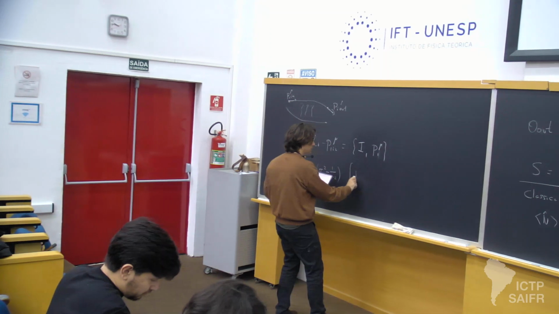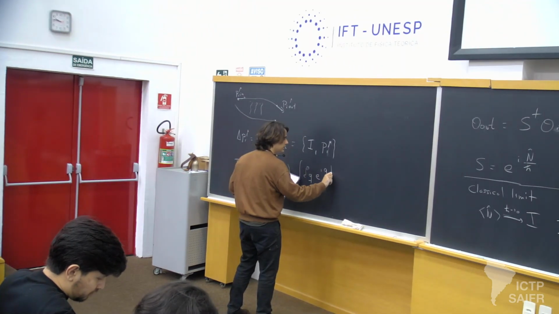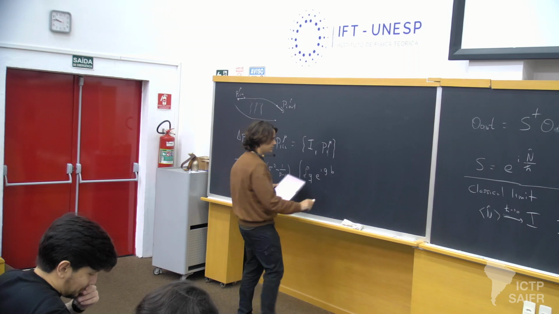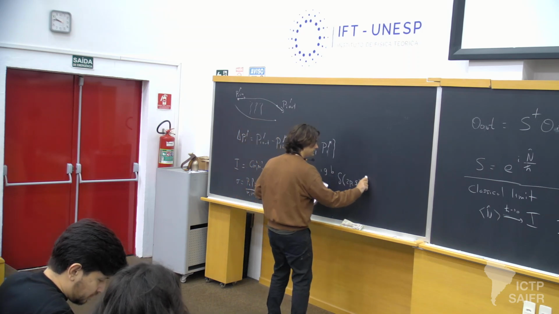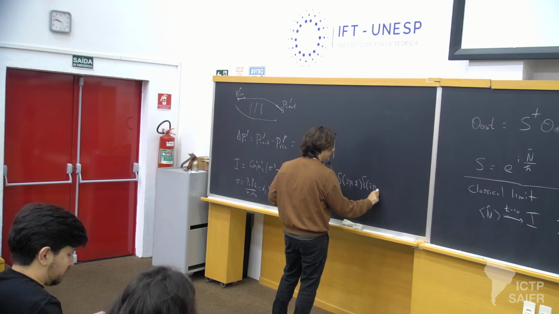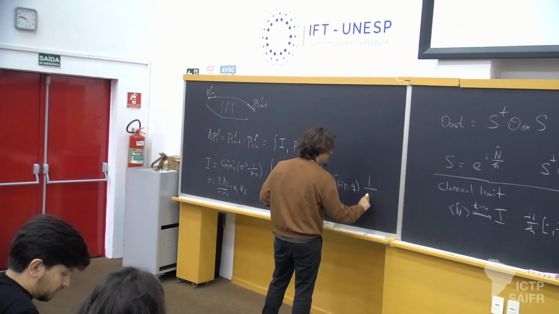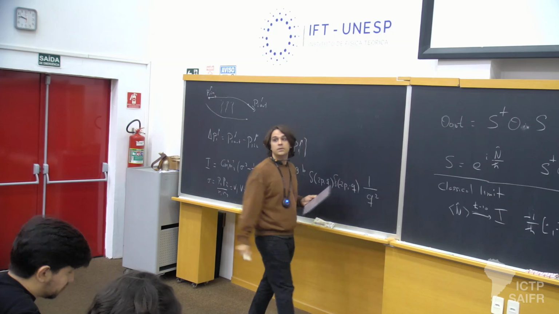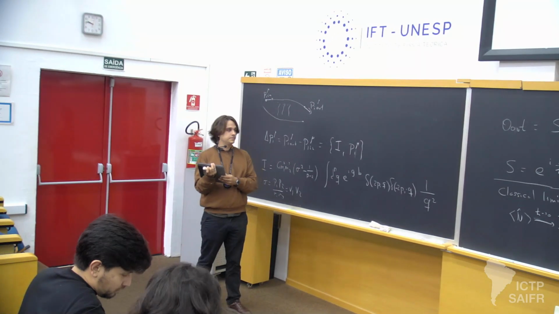So then I had an integral d q e to the i q dot b, delta(2 p1 dot q) delta(2 p2 dot q), and then 1 over q squared, which was just the graviton exchange pole.